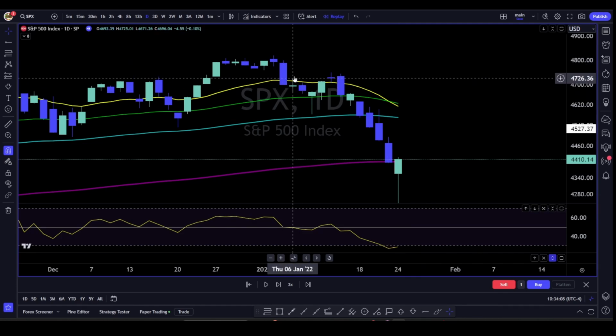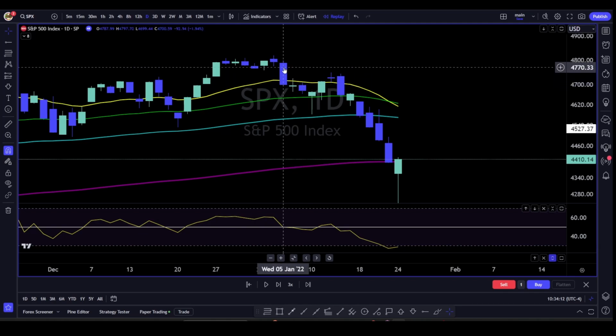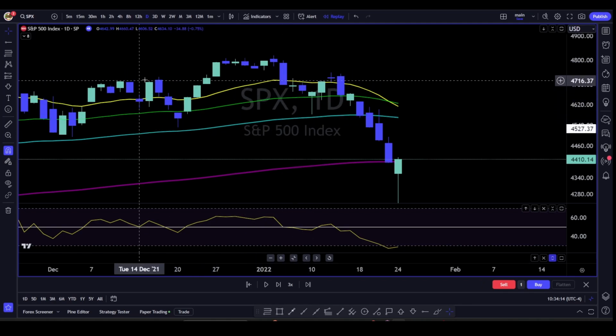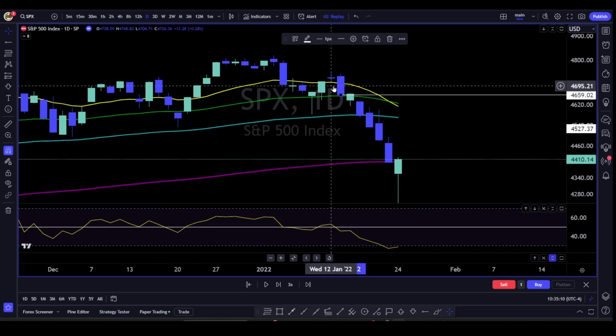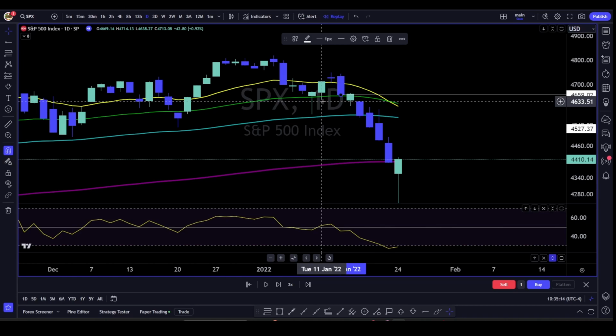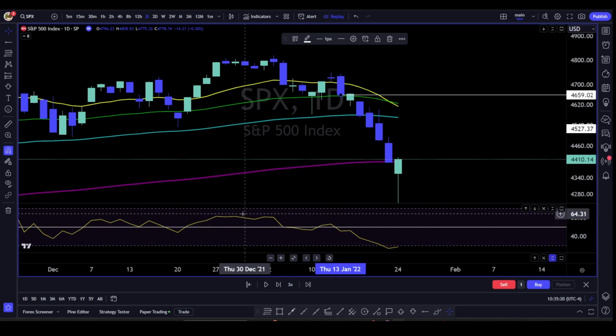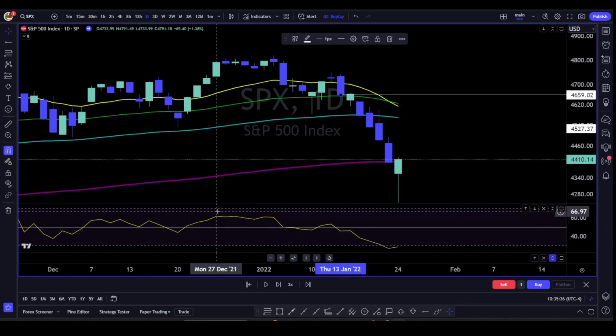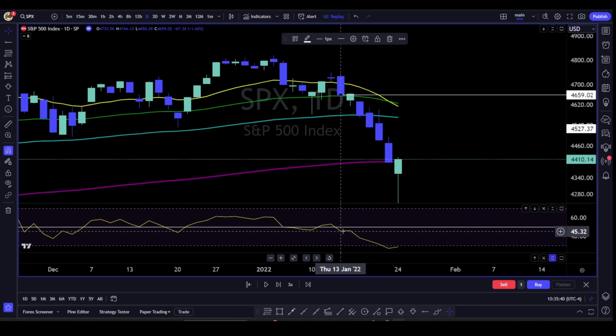But once again, I told you, once you get a close under the 21, you can start to look for those bearish moves. You're just looking to try to get into these day trade entries using the 21. Now here, you bounce back up out of the bearish territory because the 50 separates the bulls from the bears on the RSI. But when you get under, then that means the bears are in control of the asset.